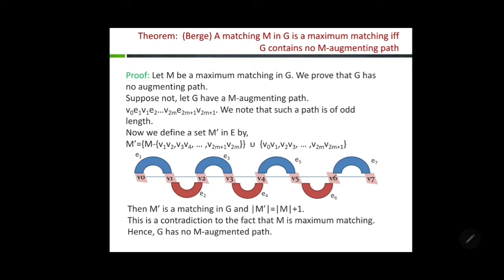Therefore, in the figure we have 4 equals 3 plus 1. That is, we can find a matching M' which is greater than the cardinality of M, which is a contradiction to the fact that M is a maximum matching. Hence G has no M-augmenting path.